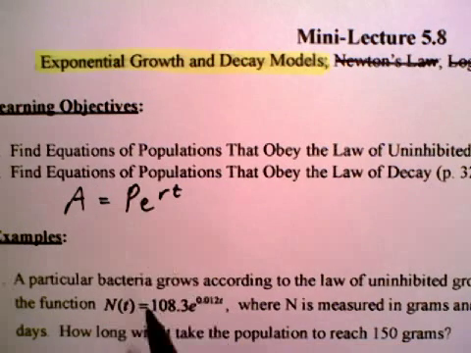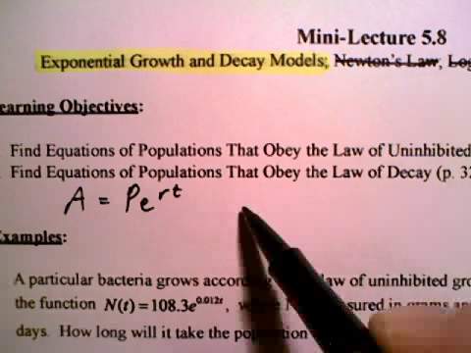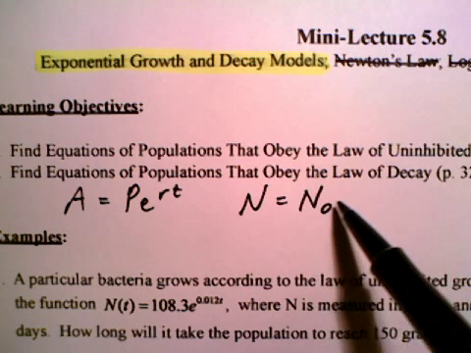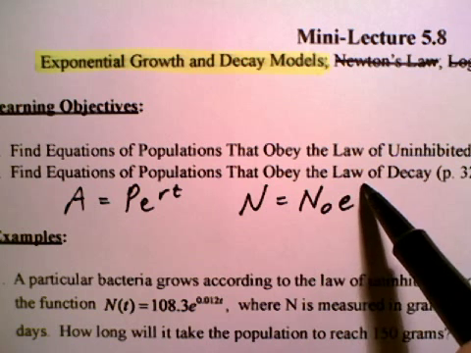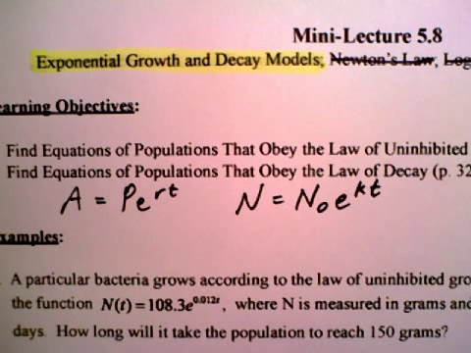Well, basically all the problems in section 5.8 follow the same model, and the model that they follow is N equals N sub 0 e to the k t. If you look closely at those, you'll see that they're actually the exact same exponential growth formula.